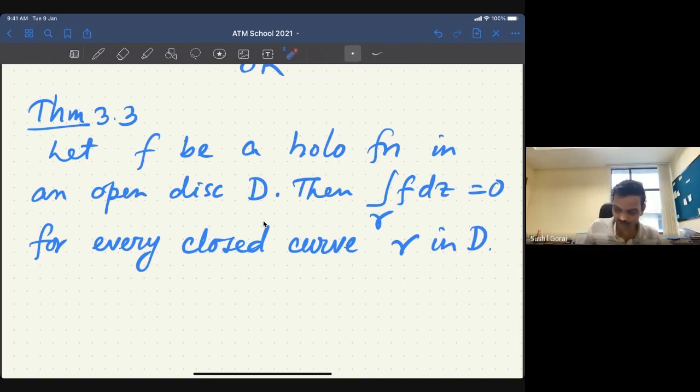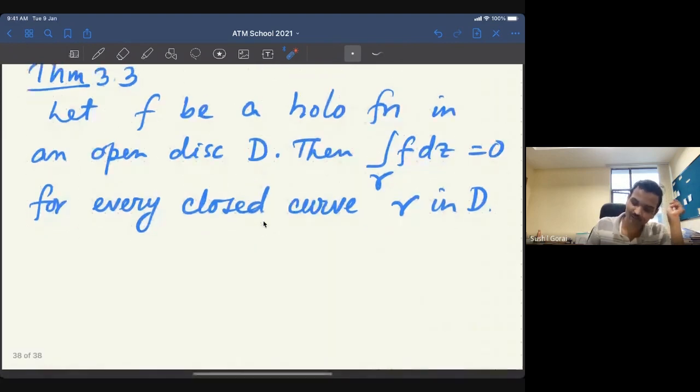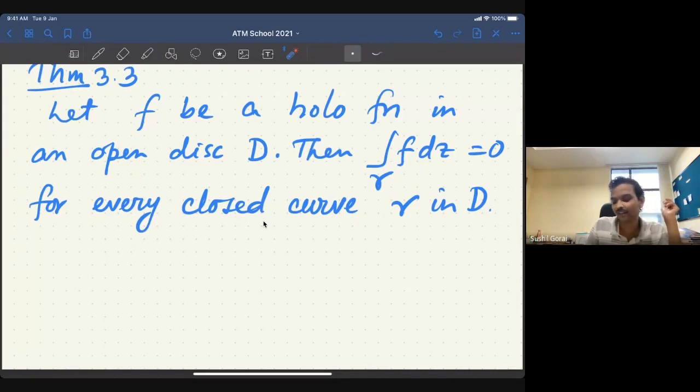Previously gamma was just the boundary of the rectangles. Now it says that for any closed curve it works. So when there is a statement like this, for any closed curve the integration is 0, you need a primitive. That is how to start.